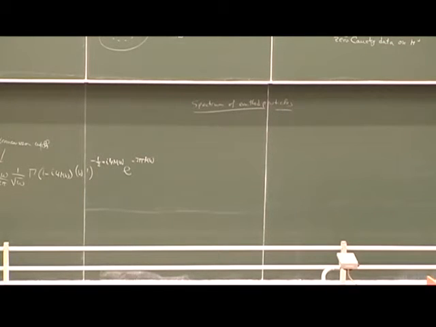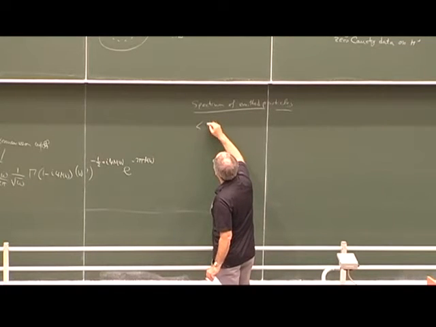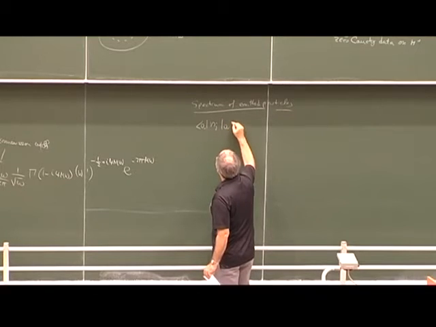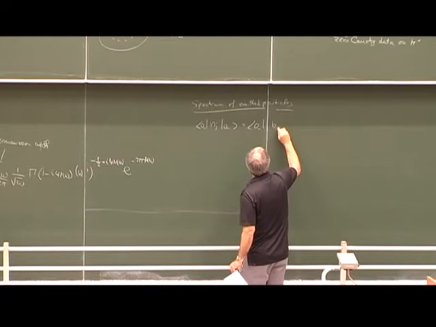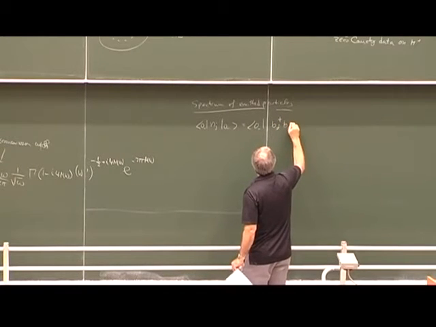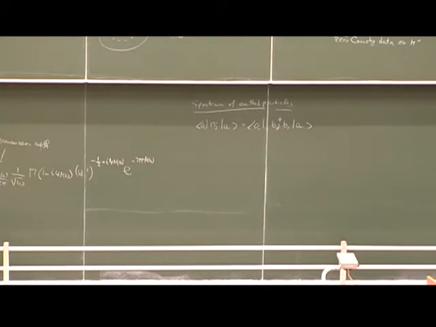Good. So what do I need to do? I need to calculate the expectation value of the number of particles, right? This is how I find the spectrum of the emitted particles. So I have to compute additional quantities, but this is the simplest quantity that I can compute.